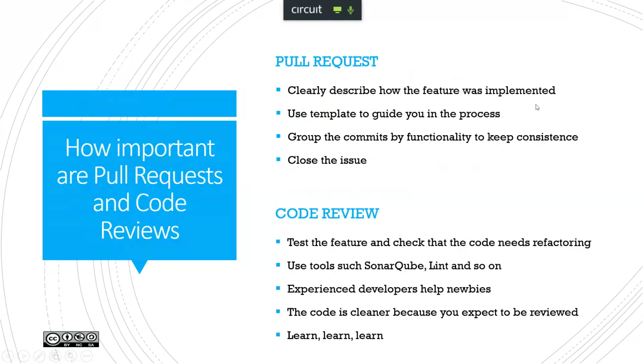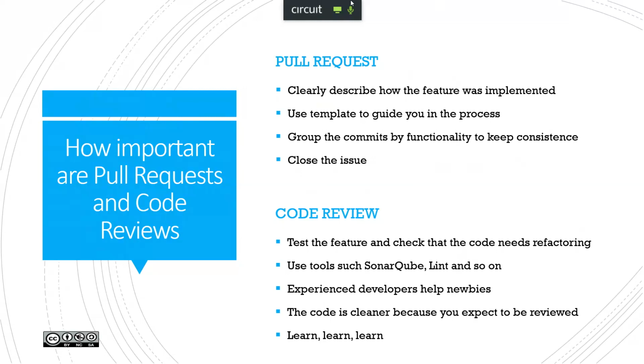how the feature was implemented. It's not a question of, okay, I know the administrator of the repository, so I will send a merge request, a pull request, without informing anything.